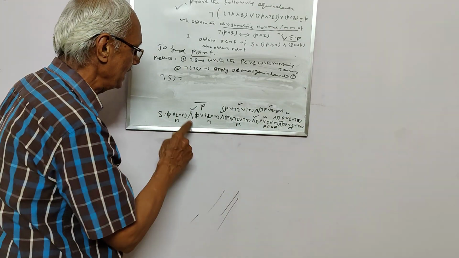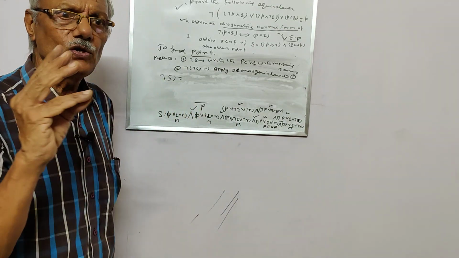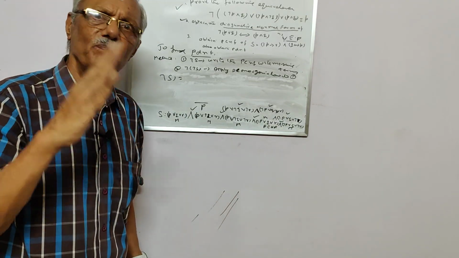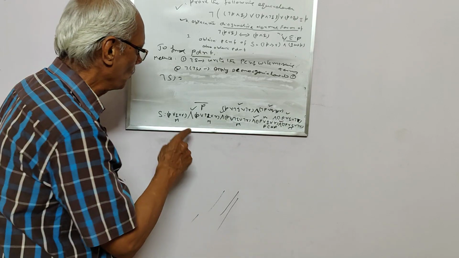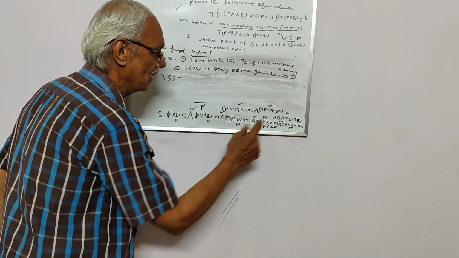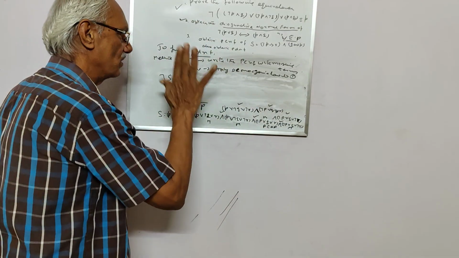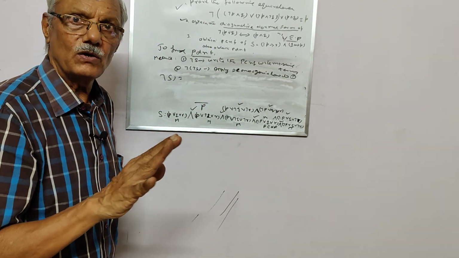Missing terms means what? Here I told you that if there are P, Q, R, then the number of max terms should be 8, and the number of min terms should be 8. Now here you have got 1, 2, 3, 4, 5, so 5 terms are there. 3 terms are missing, so you have to write the 3 terms. Are you able to understand?